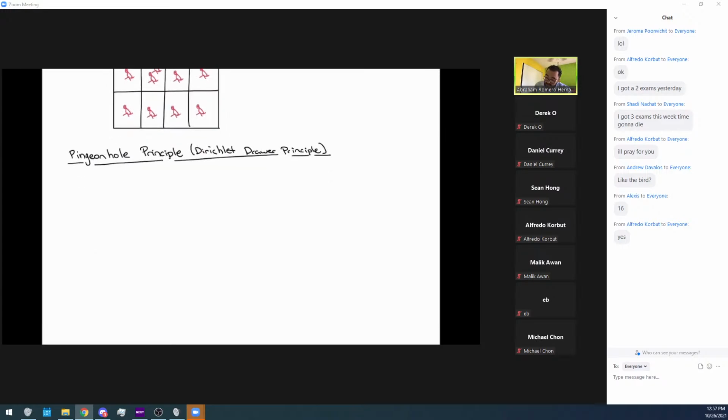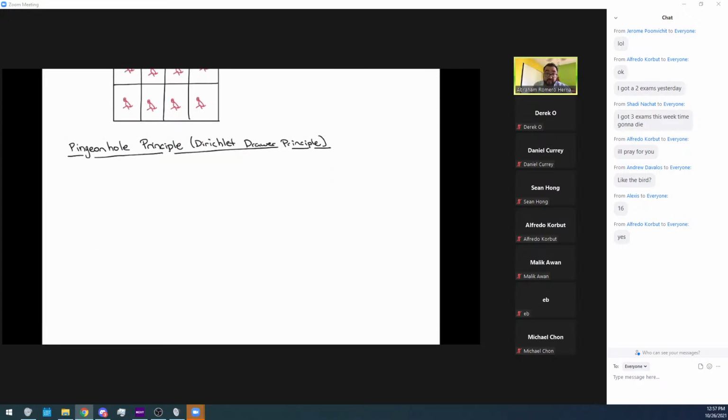Now, what does this principle state, like the actual definition?